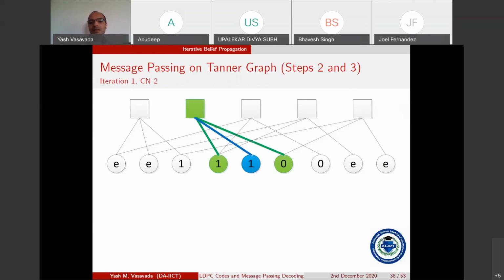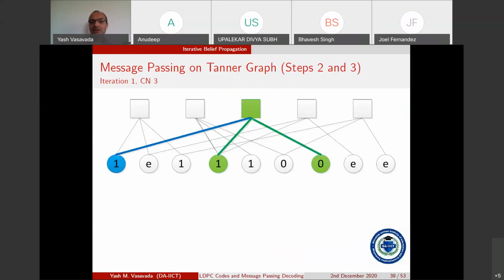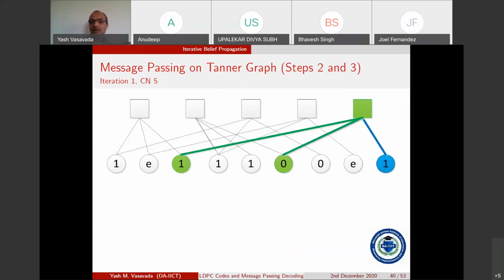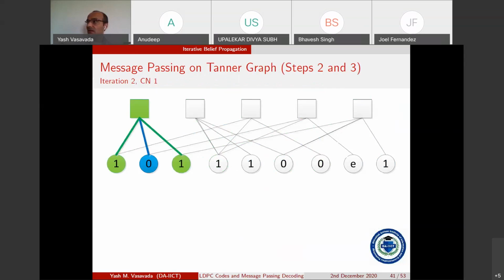The green means the messages are flowing upward, blue means the message is flowing downward. So in this iteration, 1 bit got unerased. Then in the second iteration, 1 more bit got unerased. Then yet another bit, and so on.